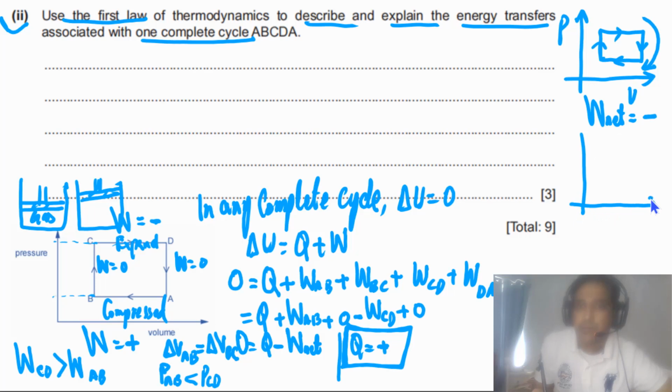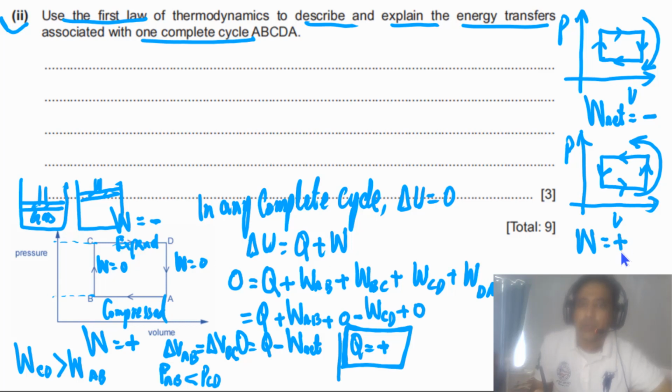And if we have another cycle, with P here and V here, but this time it is anti-clockwise, in this case net work done on gas will be positive.